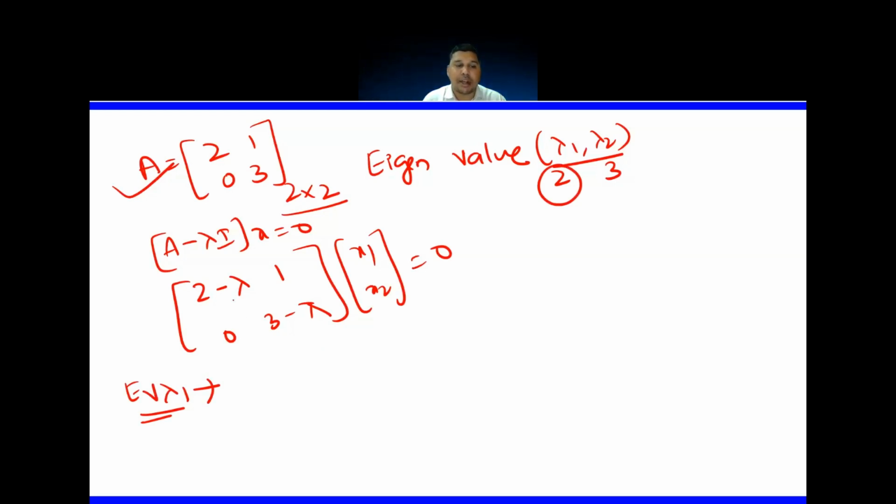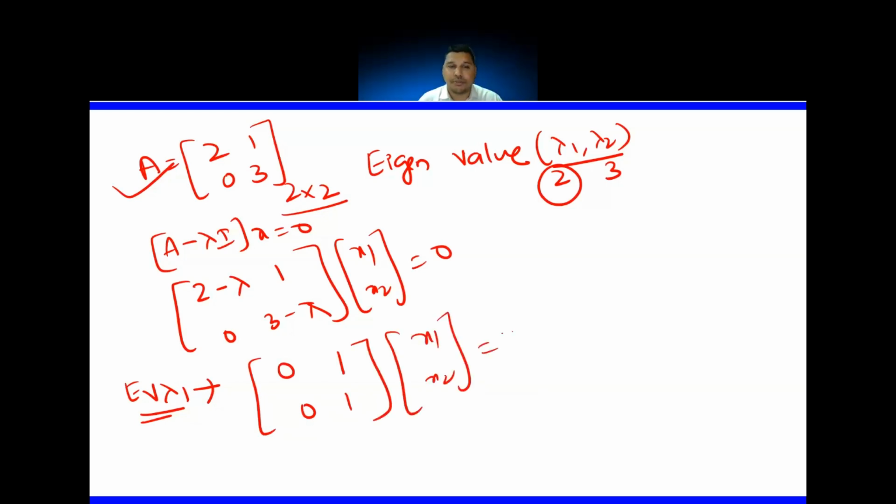Substitute 2 in this lambda, so the matrix becomes 0 1 0 1 times x1 x2 equal to 0. So I substituted 2 here: 2 minus 2 is 0, 1, 0, 3 minus 2 is 1. So the eigenvector for the eigenvalue lambda 1 is 0 0.